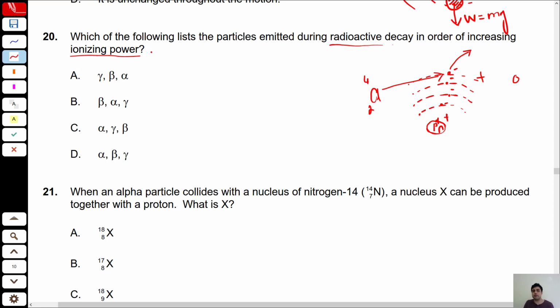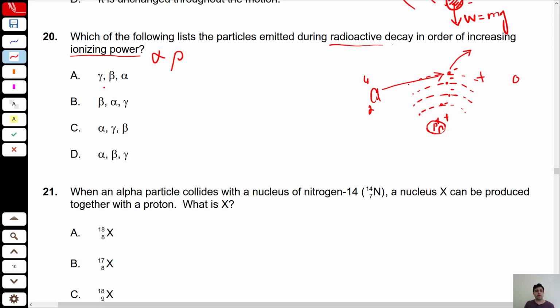This ionizing ability is directly proportional to the mass or momentum of the particle. So the bigger the momentum or the heavier the particle, the higher its ionizing power. It has a higher ability to knock out the outermost valence electrons of the atom, hence causing the overall atom to develop a positive charge because it will have fewer electrons than protons left behind.